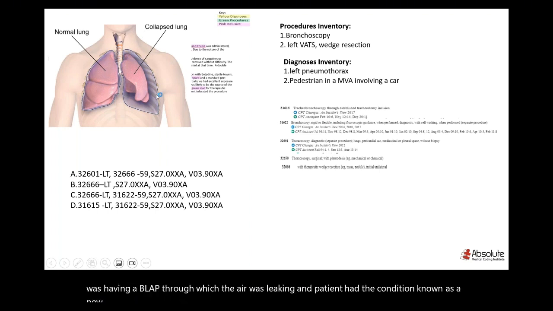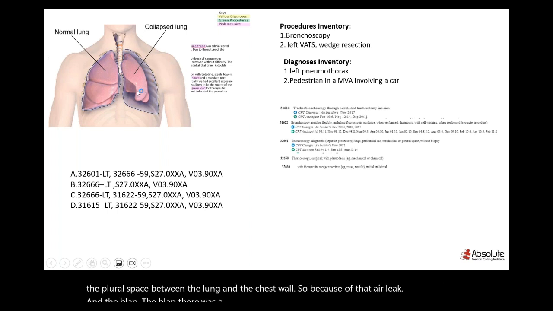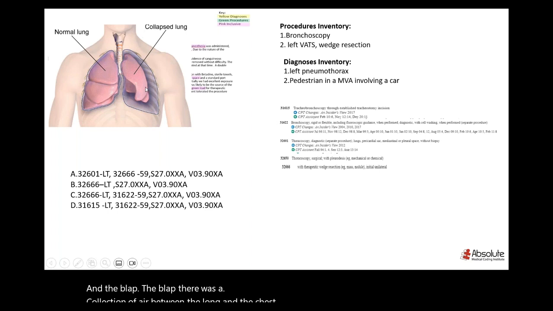So what's a pneumothorax? Pneumothorax is an abnormal collection of air in the pleural space between the lung and the chest wall. Because of that air leak and the bleb, there was a collection of air between the lung and the chest wall, as you can see. So the patient had a collapsed lung in our scenario.